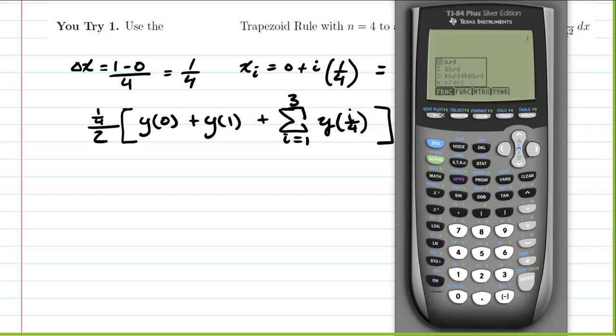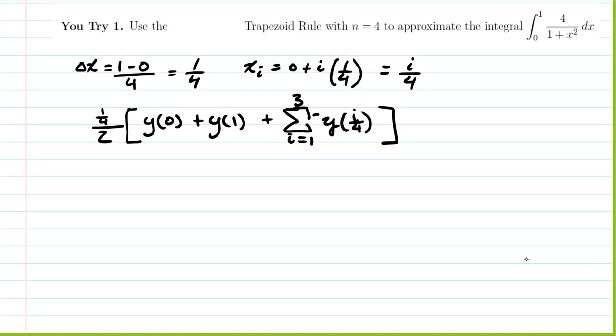So alpha y equals 1 over 4 divided by 2. In parentheses, alpha trace y1 of 0 plus alpha trace y1 of 1 plus, and I did it again, 2 times, right?